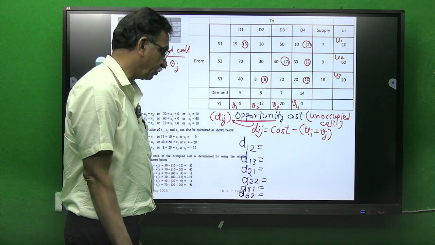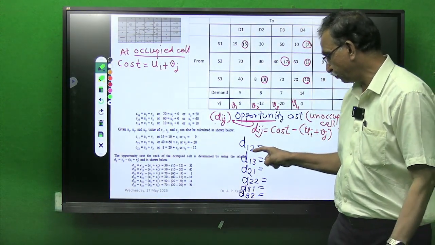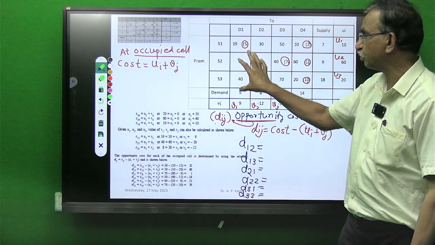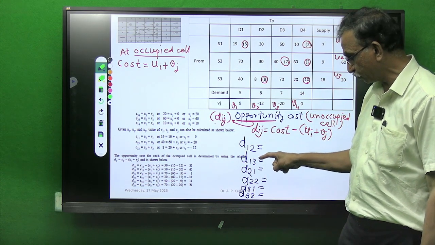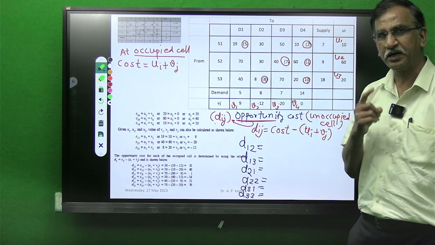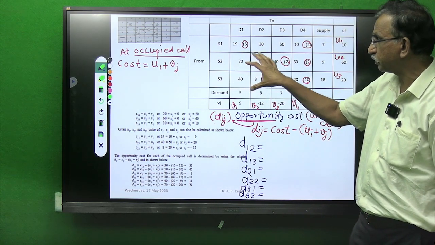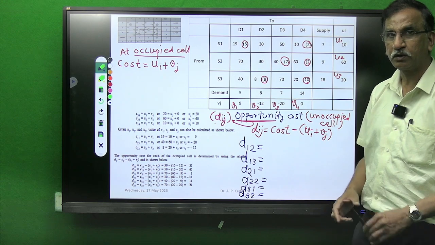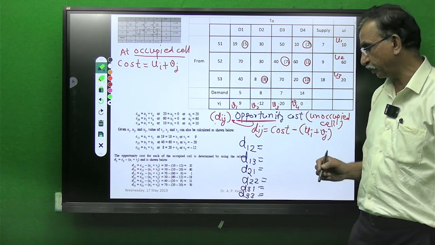Now the important test: if all these values are 0 or positive, the solution is optimal. But if any single value among these six is negative, the solution under test is not optimal and further improvement is possible.